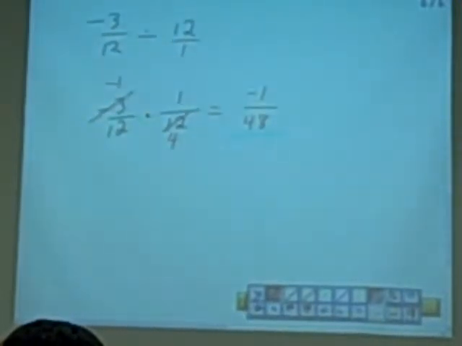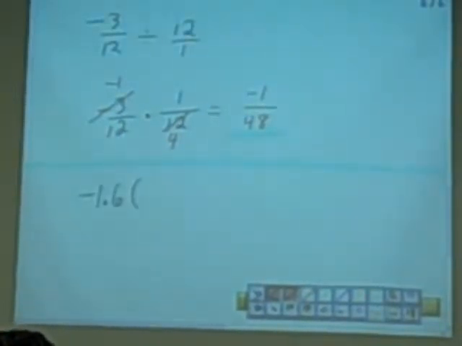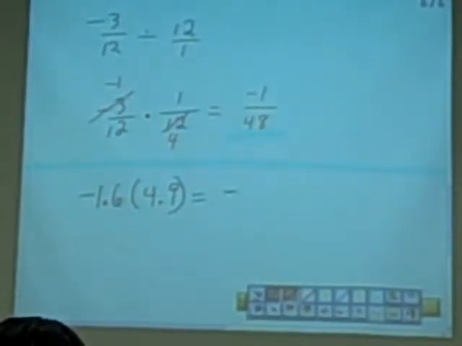Alright. Move right along. Here we have a negative 1.6 times 4.9. So let's see, is our answer going to be a positive or a negative? Negative. So we're going to go ahead and put a negative there so we don't forget.